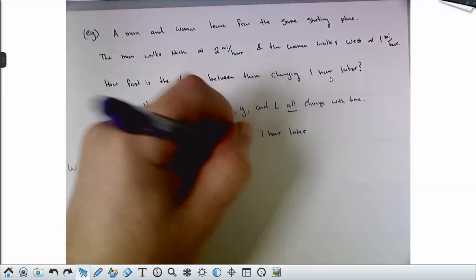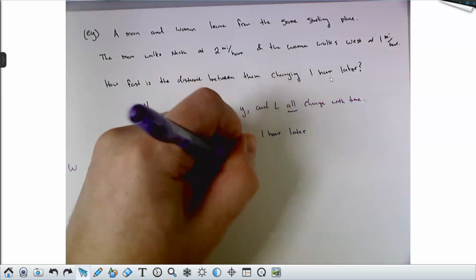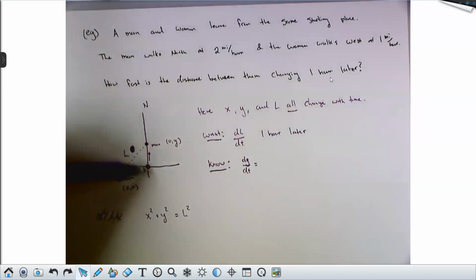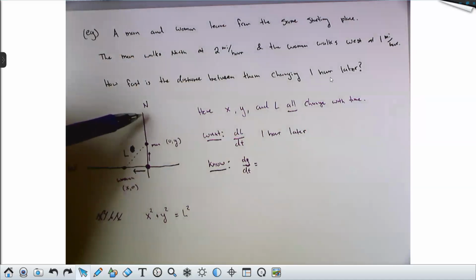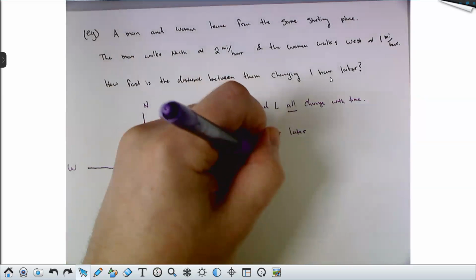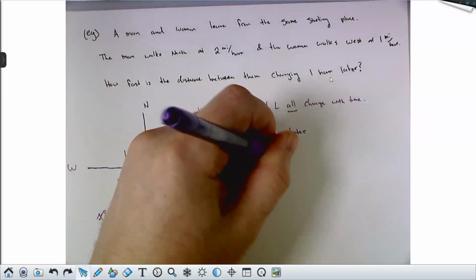Perfect. I know that dy/dt is the speed that the man is walking north, right? If he's at the point (0, y), and he's walking at 2 miles per hour, then y is increasing 2 miles every hour. So dy/dt is +2, and the units here are miles over hours.